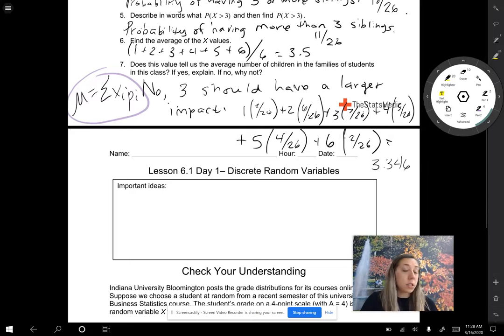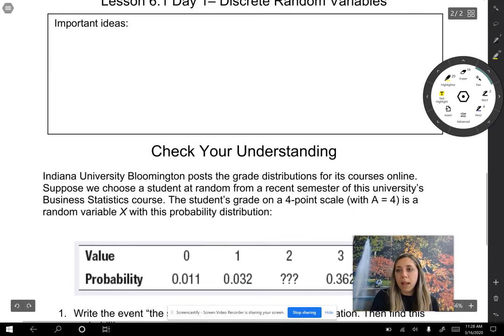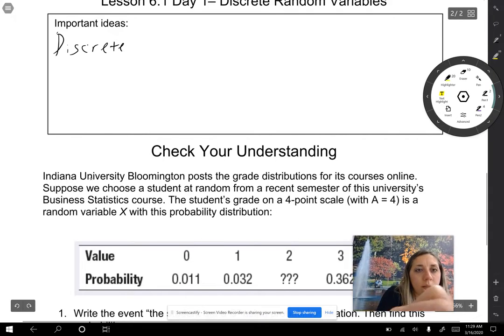So very quickly now, let's just talk about some main ideas of this lesson. So I'm going to scroll to here, and zoom in a little bit more. And I'm going to write out some important ideas that you guys ideally need to know. So the first thing is that we're talking about discrete variables in this lesson.